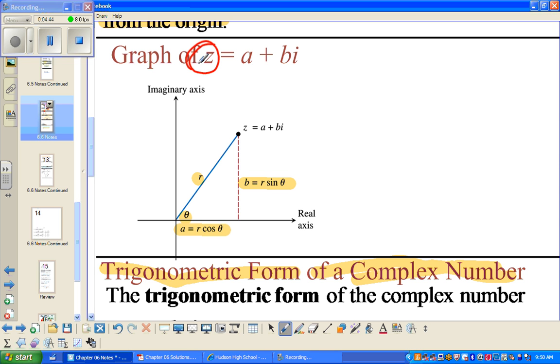So a could be represented by r cosine theta, and b can be represented by r sine theta, where r is that modulus or that distance from the origin to the point z, and theta is the angle formed from the horizontal.